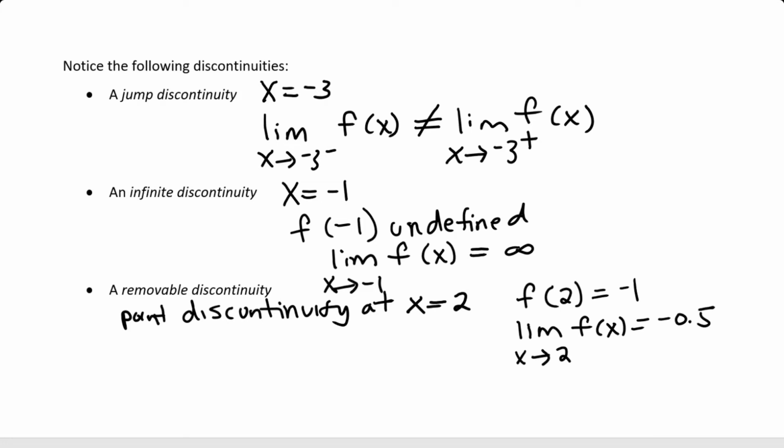When the existing limit and the defined function value do not equal each other, we have a removable discontinuity. So the first was satisfied, the second was satisfied. However, the function evaluated at 2 is not the same value as what the function approaches when x approaches 2. This is where you get the removable discontinuity.